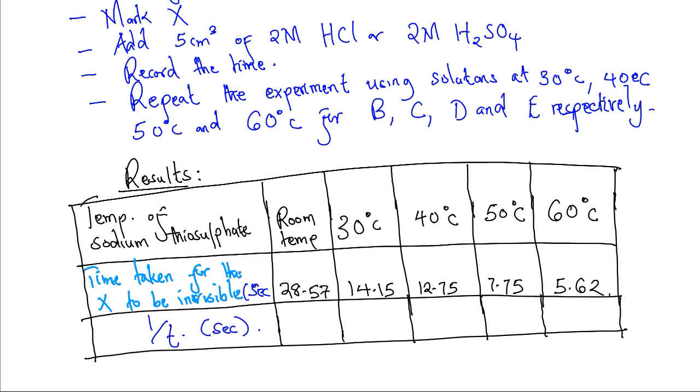Let us record the inverse of time. This one known as 1 over t. So this is 0.035. This gives 0.071.